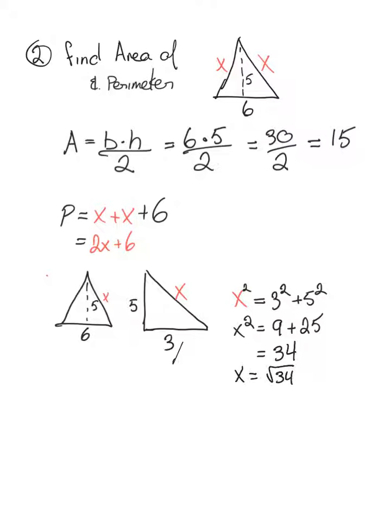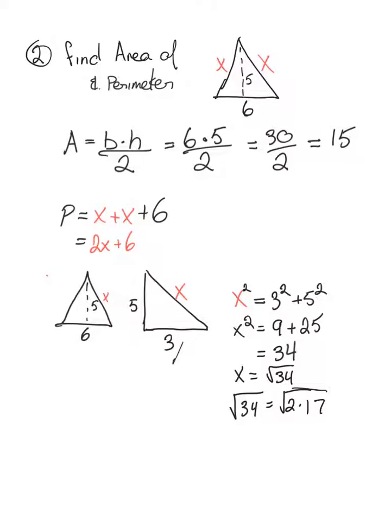So let's see if we can find any type of numbers that can come out of the square root of 34 before we plug it in to find our perimeter. So the square root of 34 will equal square root of 2 times 17.